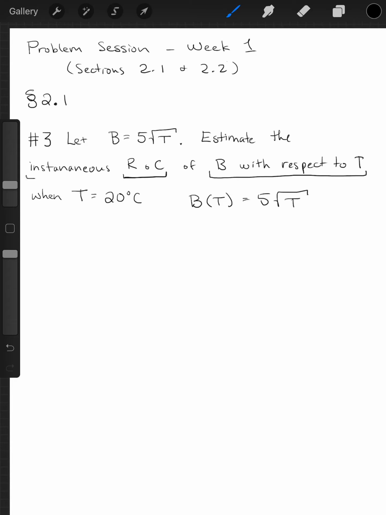And this instantaneous rate of change means that we want the answer to the limit as t goes to 20, because that's where the variable goes.